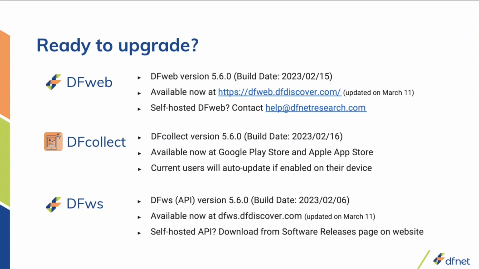For DFweb, please contact software support so we can help you out with installing your self-hosted version of DFweb. DFcollect is released through the Google Play and the Apple App Store, so that's available now. If your current users of DFcollect have auto update enabled on their device, they'll receive the most recent version once it's released.